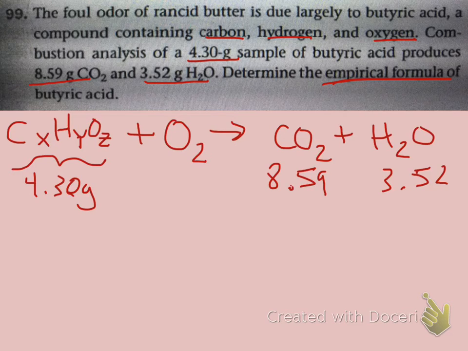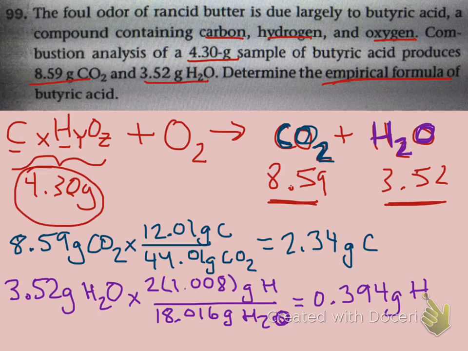So we're going to figure out just the mass of carbon based on the mass of the carbon dioxide. Then we're going to figure out just the mass of hydrogen based on the mass of water. And then based on the total mass of the butyric acid, if we have the mass of carbon and the mass of hydrogen, we can then figure out the mass of oxygen.